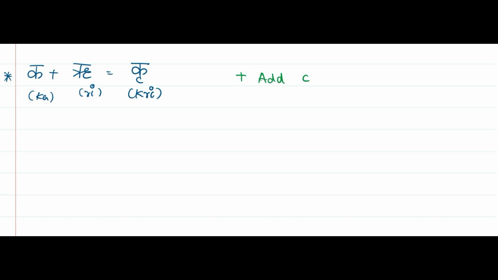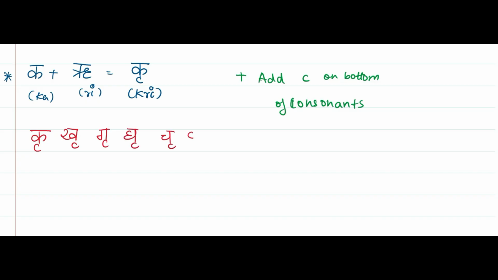Add C on bottom of the consonant. Okay? So you can make it to anybody. Kri, gri, chri, jri, jhri. Okay.